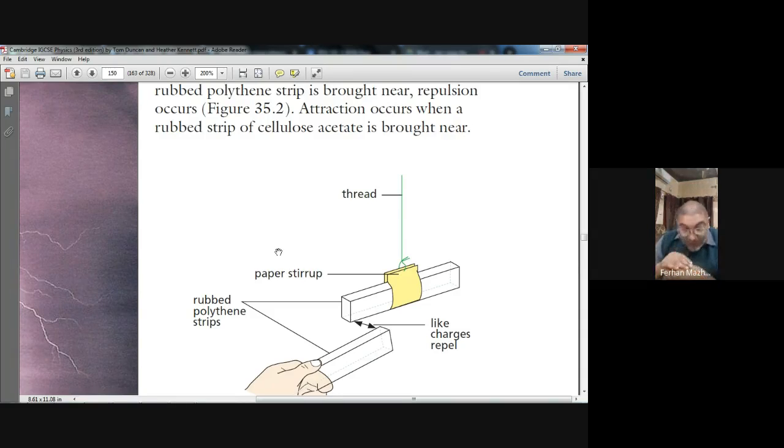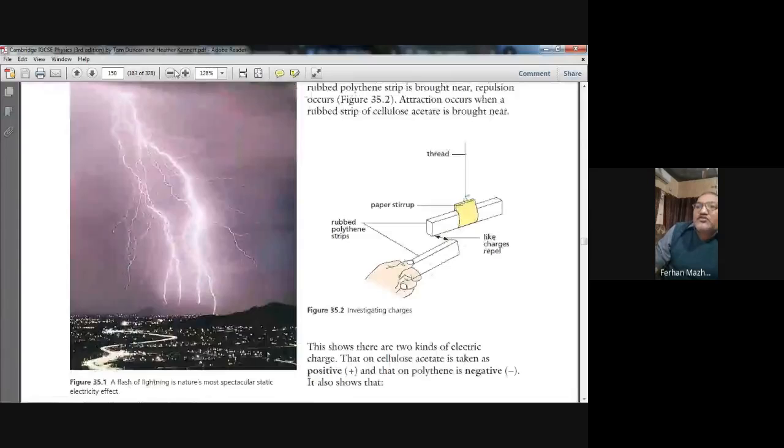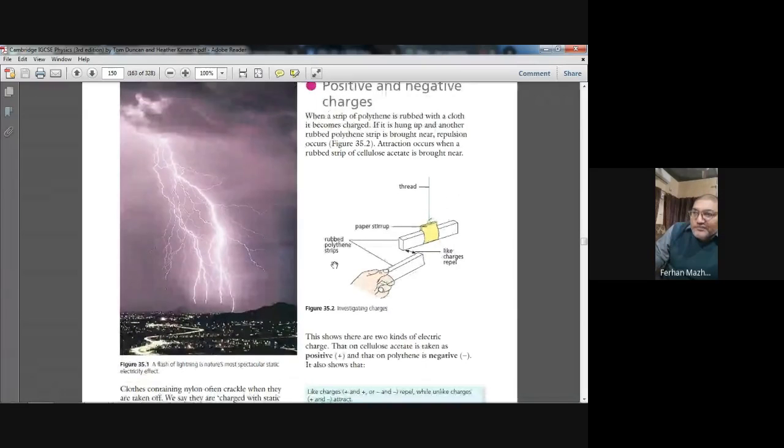The conclusion is: when a strip of polythene is rubbed with a cloth, it becomes charged. If it is hung up and another rubbed polythene strip is brought near, repulsion occurs. In the second activity, attraction occurs when a rubbed strip of cellulose acetate is brought near.